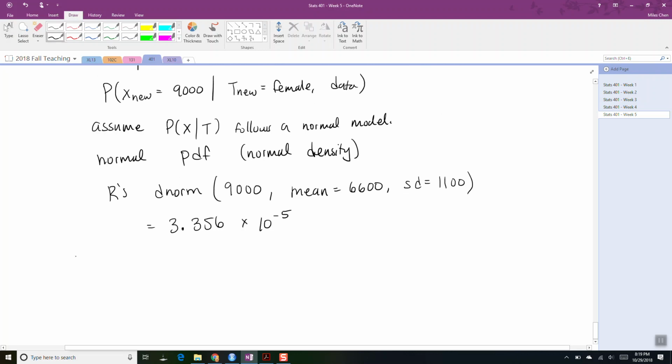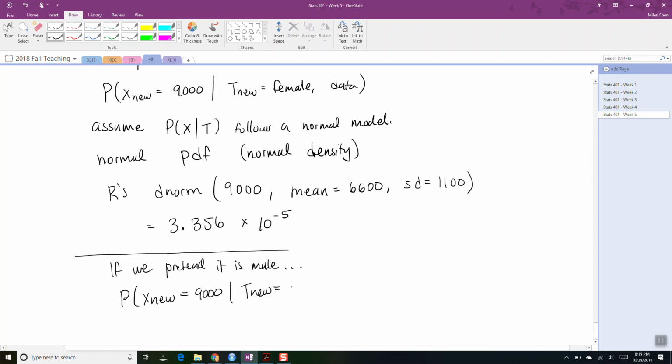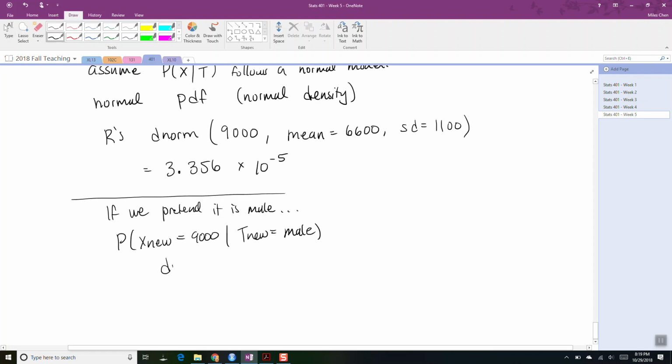And likewise, if we pretend it is male, what do we get? We'll say the probability of getting 9,000 pounds, if we assume it is male, will be dnorm of 9,000, the mean is 13,000, and the standard deviation is 2,500.